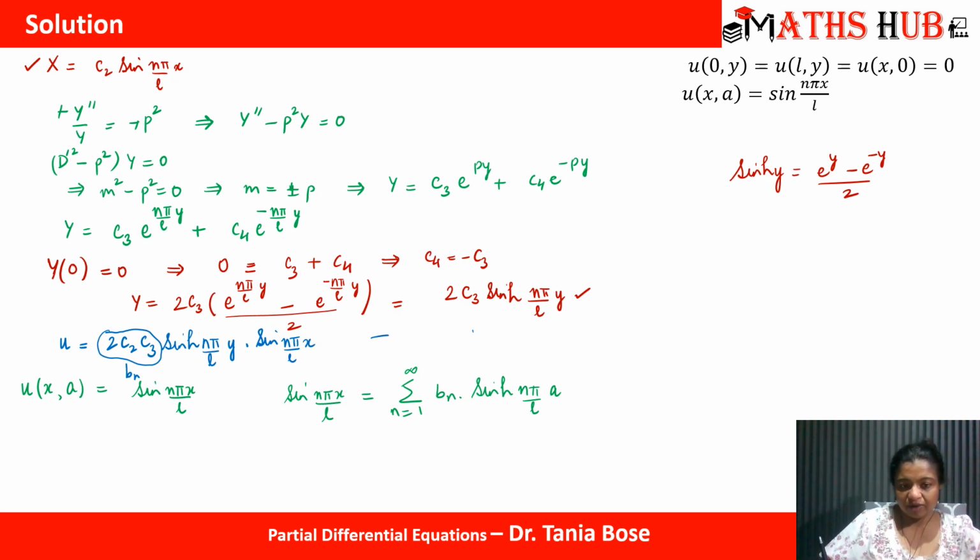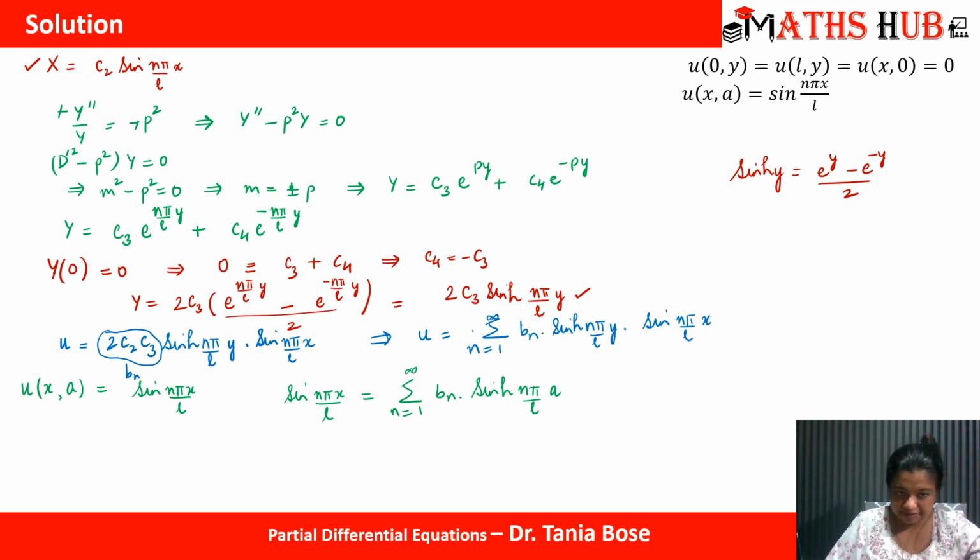So from here, when I make the summation for all values of n, I will get n equal to 1 to infinity Bn sine hyperbolic n pi by L into y multiplied by sine n pi by L into x, right?